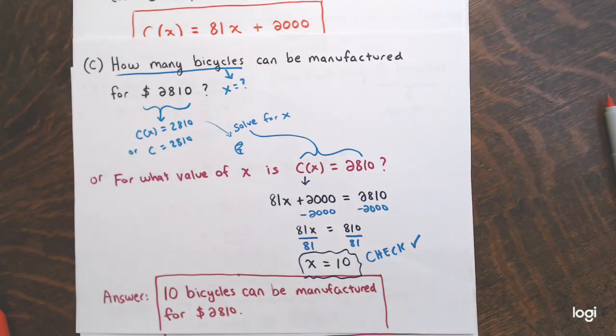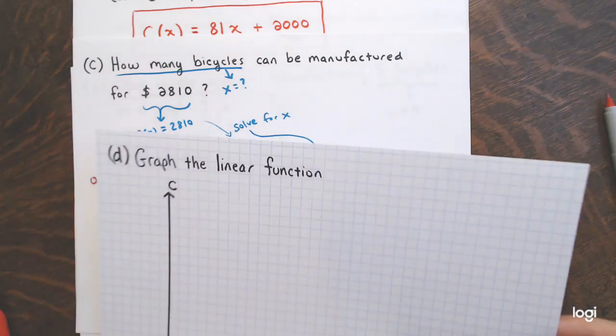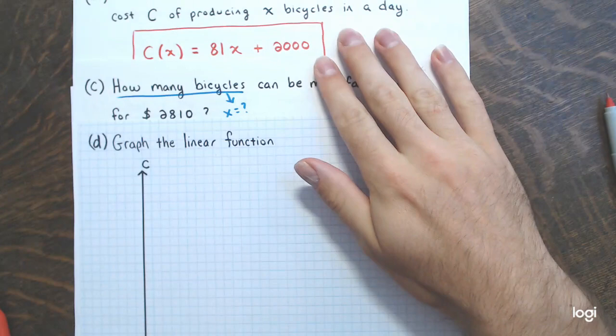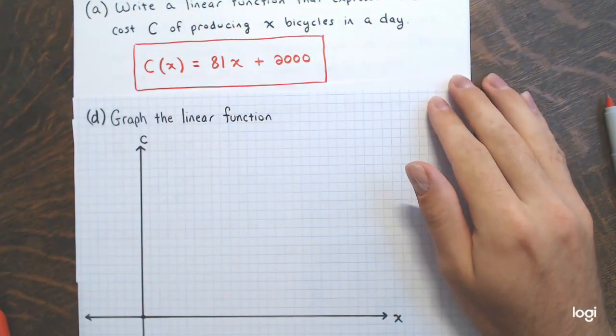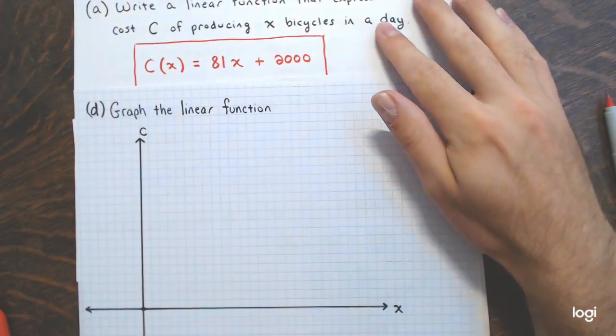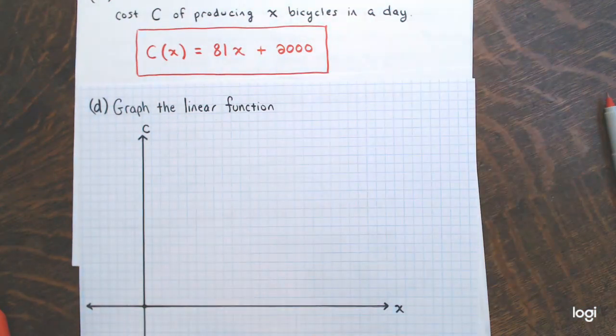Then the last part of this particular example, I'll get into one more after this, one more example with several parts. I'm going to make a graph. Graph the linear function. So I've already made my axes here on some graph paper. You don't need to use graph paper.